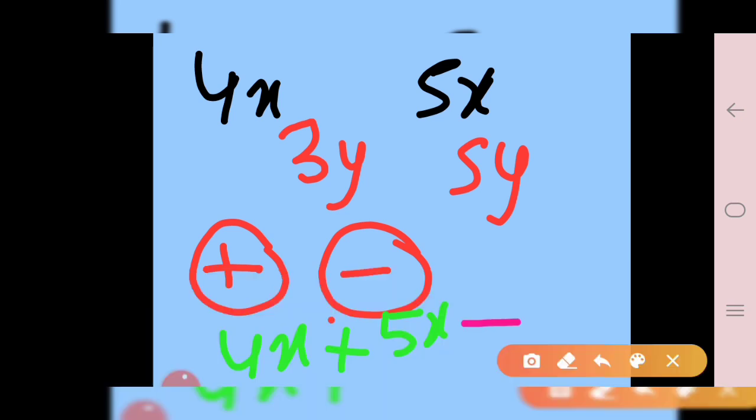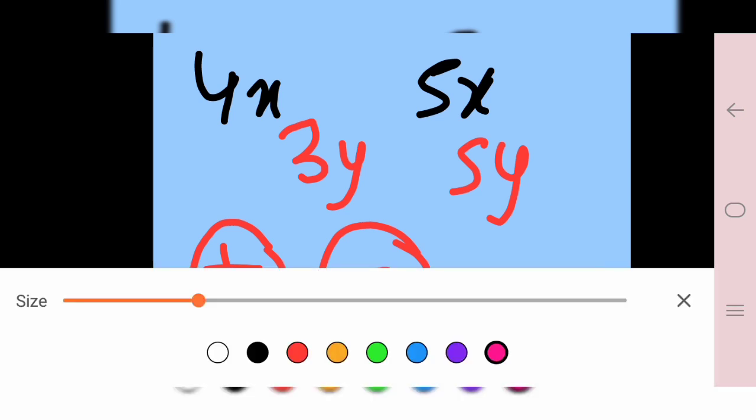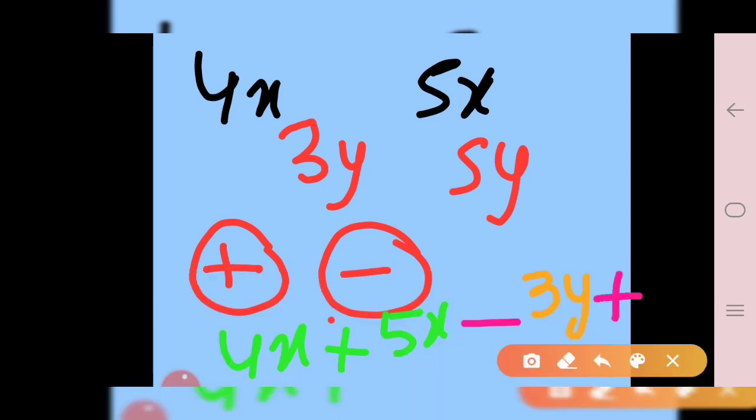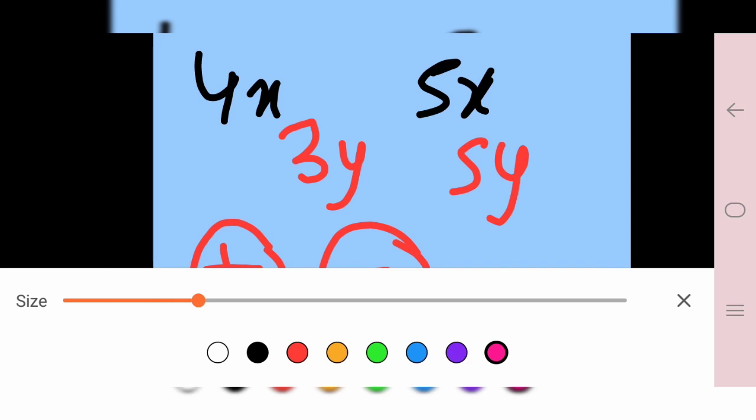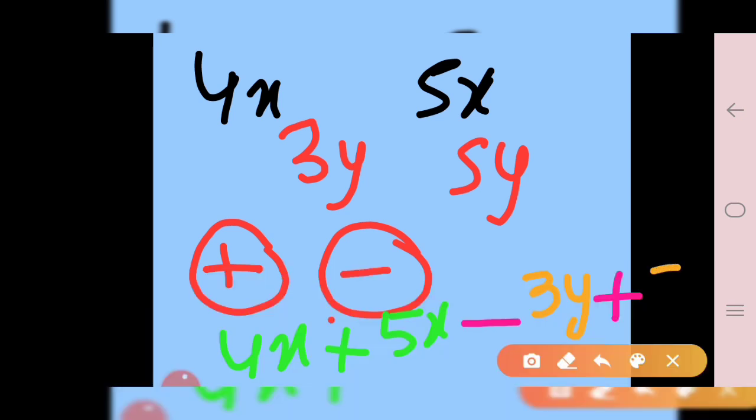So 3y plus 5y. So if you see over here, I've connected different terms with the help of some ribbons that are plus and minus.